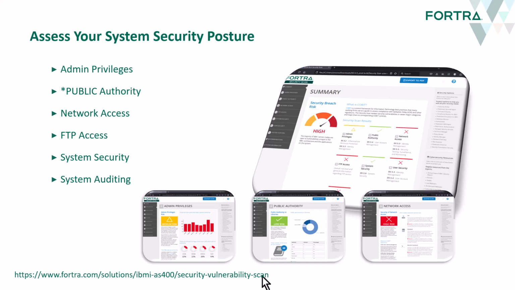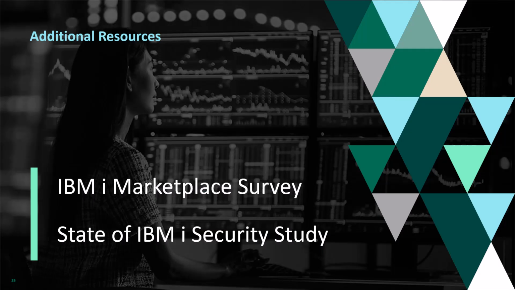And lastly, for more resources, I want to mention that we have our IBM i Marketplace survey each year and our State of IBM i Security study. Both of these have valuable information about the IBM i community, where we see IBM i configurations moving, and what trends we've been able to observe over the last year and longer. So we talk about the security level of systems. How many limited capability users are out there?